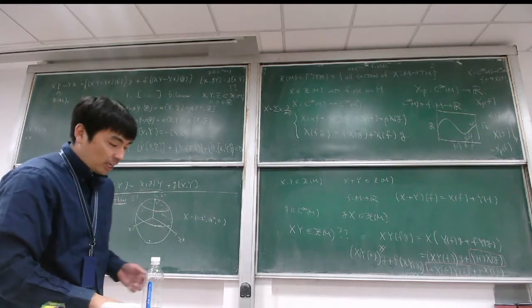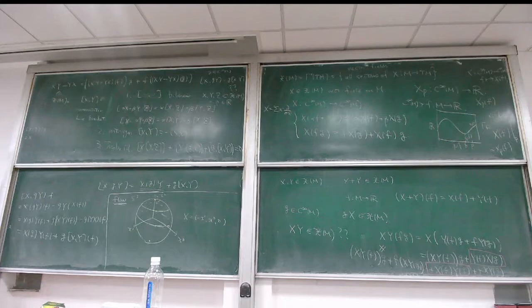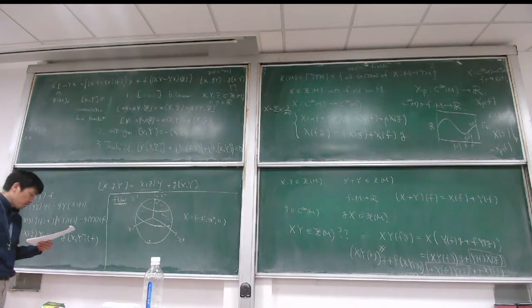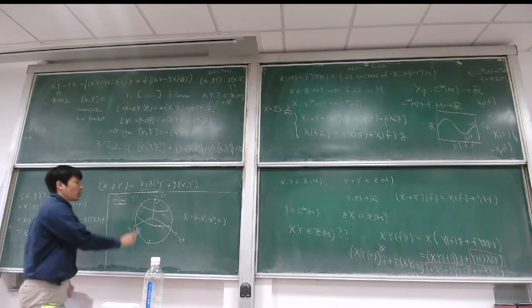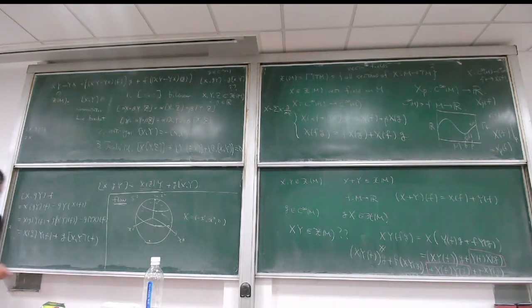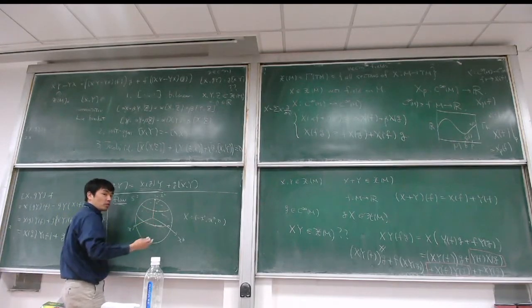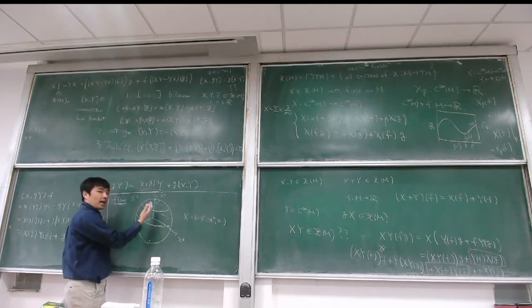And as I mentioned, this should be related to the rotation of the x2, and this vector field will generate the so-called flow, that is the associated rotation of x2.